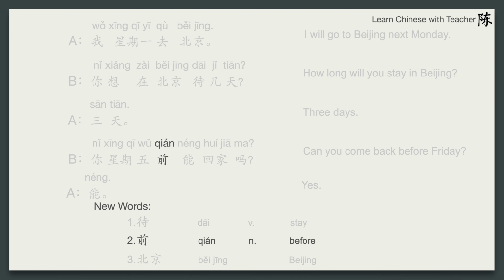In lesson 10, we've learned one of the meanings of 前, which is front. In this conversation, it means before. 北京 is the capital city of China.